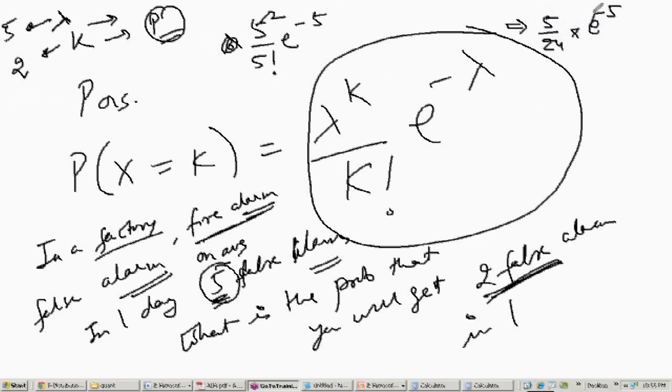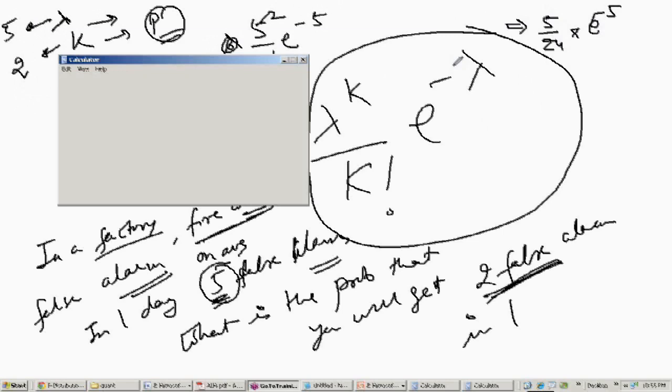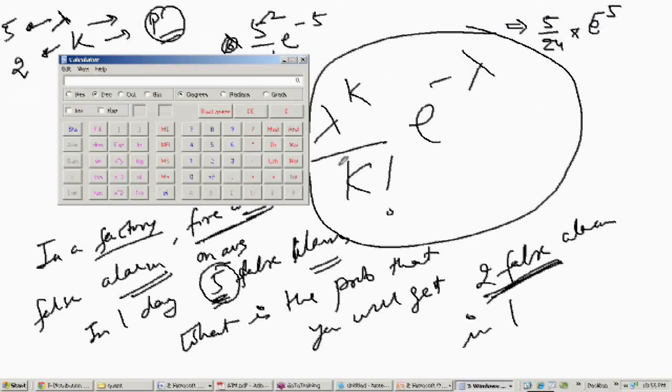So this will be 25 by 2 into e to the power minus 5, and then you have to compute e to the power minus 5. Let's say e is 2.72. I'm getting a wrong answer, I think you guys are correct.